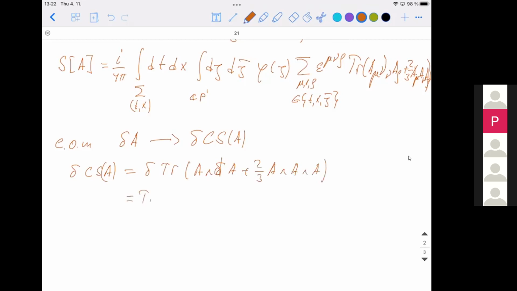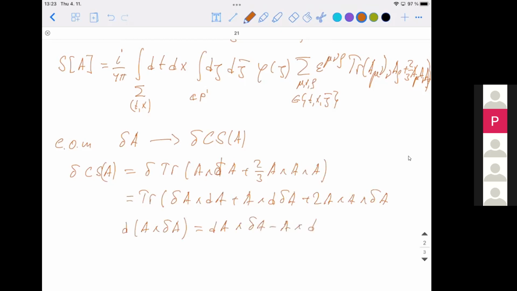So let's say trace of delta A dA plus A d delta A plus 2 A A delta A, and then if you take A to A plus delta A, then this is delta A.